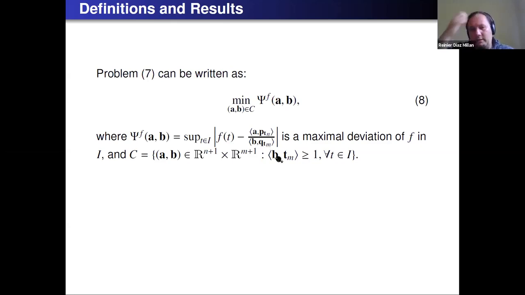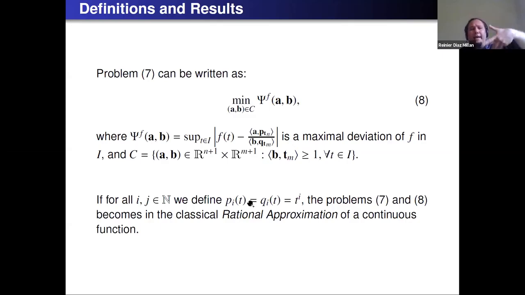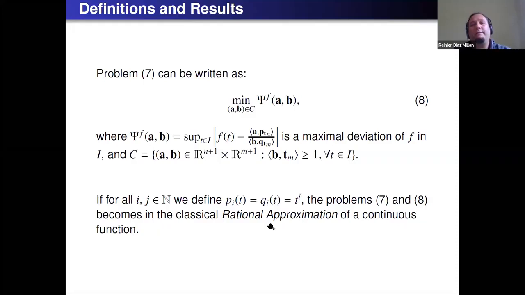Then we don't lose any solution by assuming that the function in the bottom is greater than or equal to 1, for all t in I. Again, if you choose p_i(t) and q_i(t) as t^i, then problems 7 and 8 become the classical rational approximation of continuous functions, where you approximate a function by one polynomial over another polynomial.